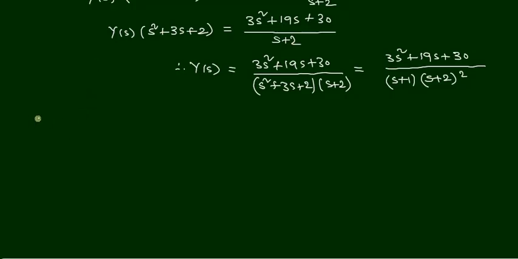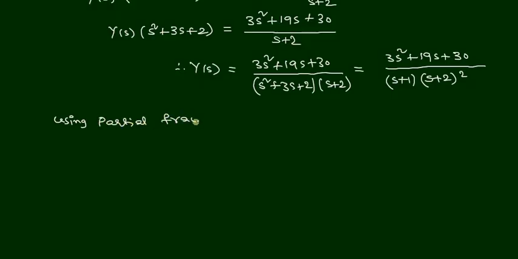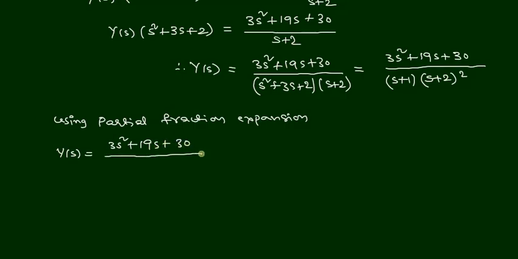So using partial fraction expansion, Y(s) equals (3s² + 19s + 30) divided by (s + 1)(s + 2)², so we write A by (s + 1) plus B by (s + 2).